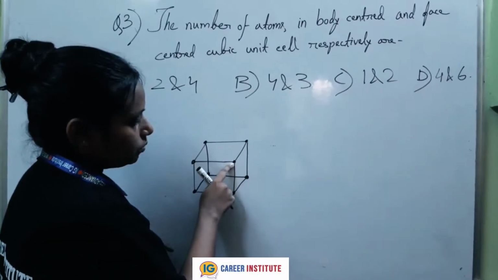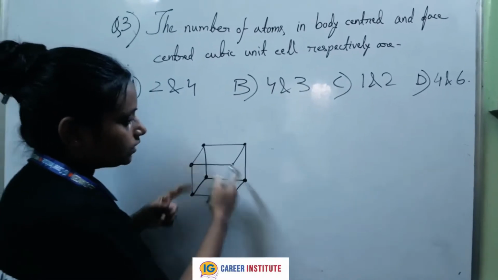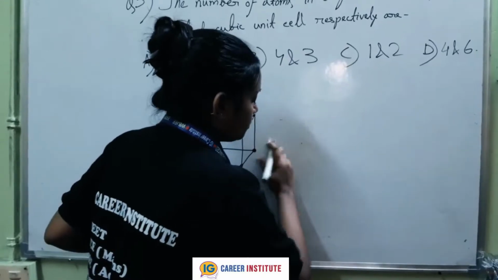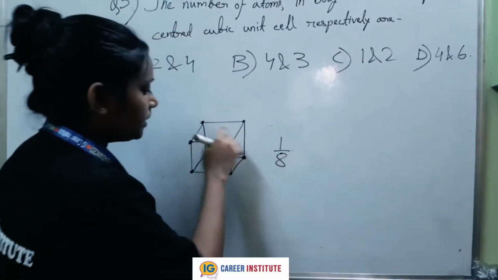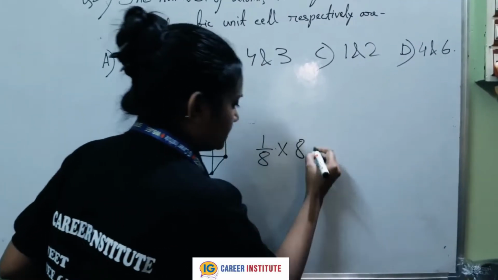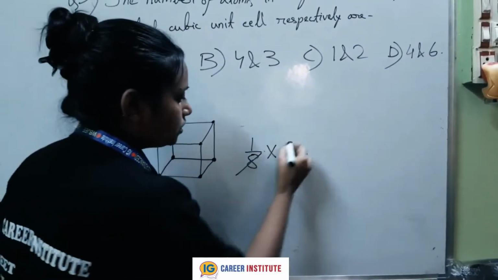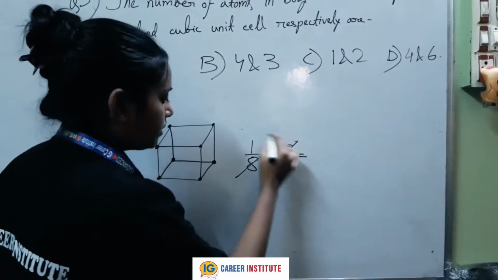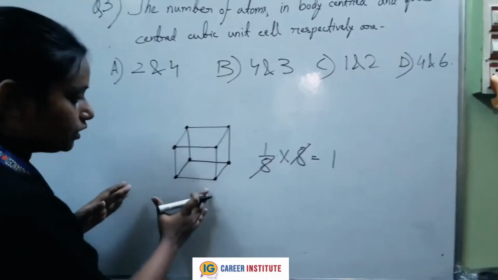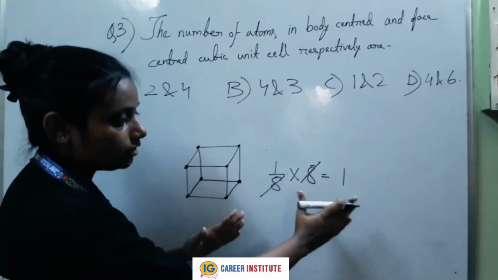So what is the contribution of one of these atoms to this unit cell? That will be 1 by 8, and how many atoms are there in total? 8 atoms. So that will be into 8. So the total effective number of atoms will be 1. This is the primitive structure, which is present in both face-centered and body-centered.